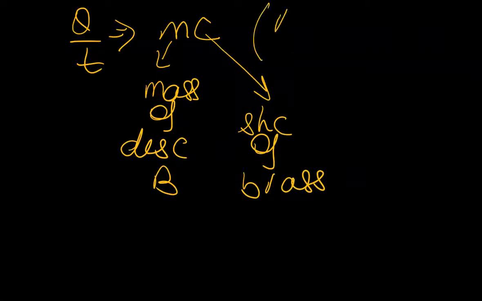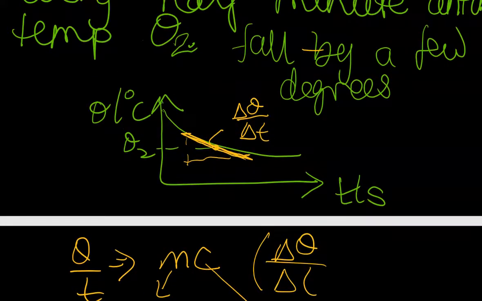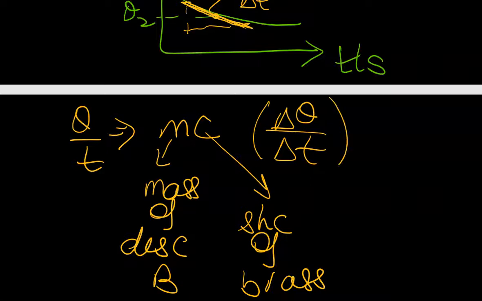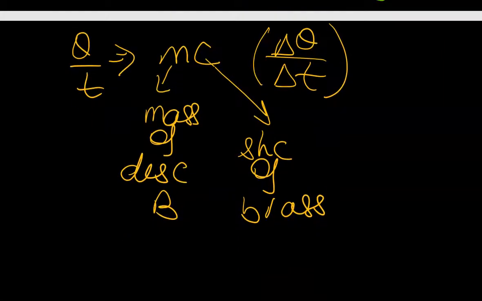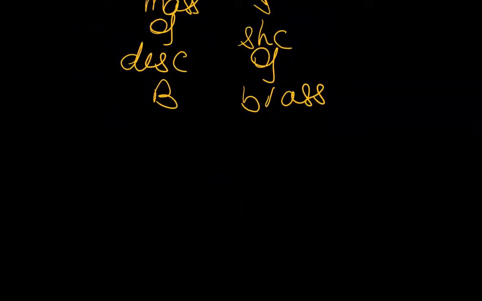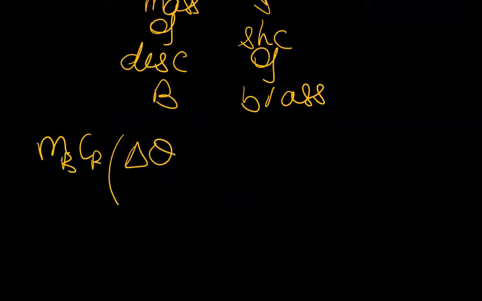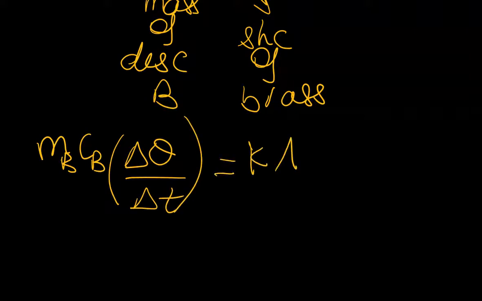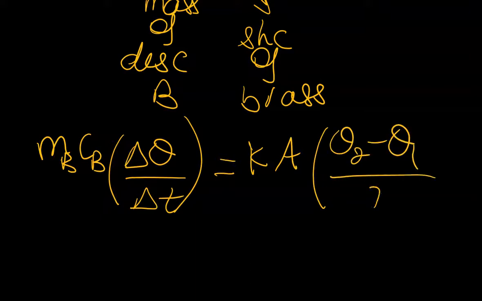And then you're going to use your tangent to get delta theta over delta T. So now that you've gotten that, you let MC delta theta, so all of this is your brass measurements, be equal now to KA by theta 2 minus theta 1 all over A, and you solve for K.